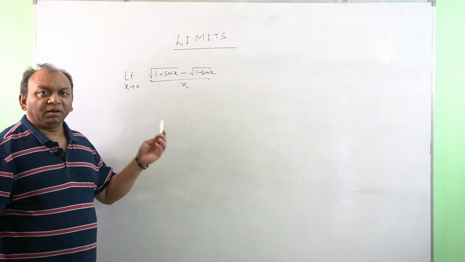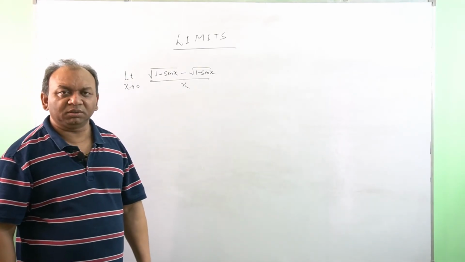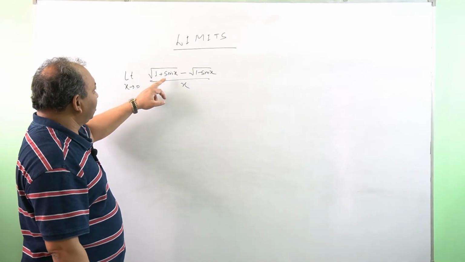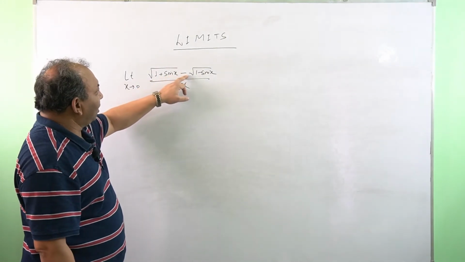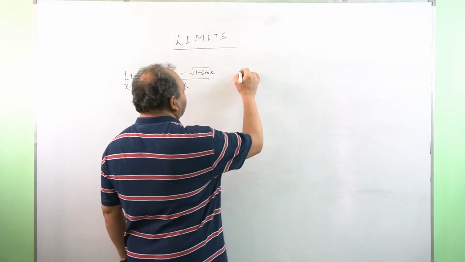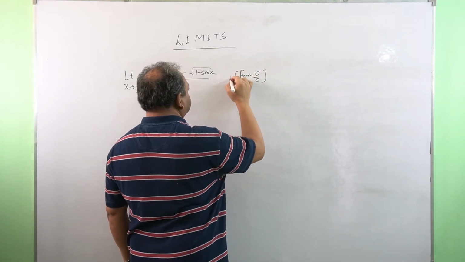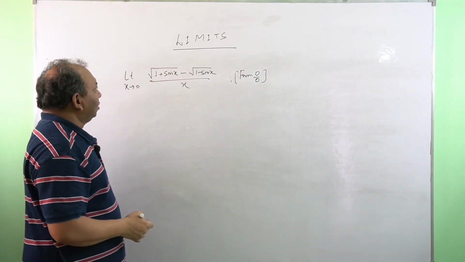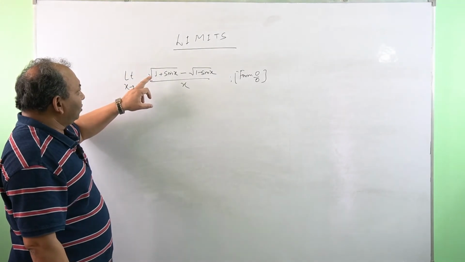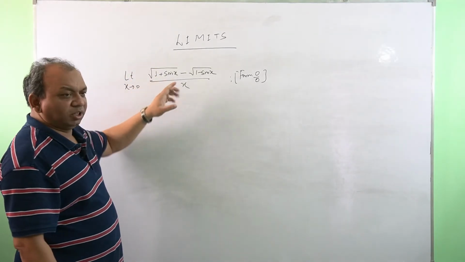The question is limit x tends to 0 of (√(1 + sin x) − √(1 − sin x)) divided by x. If we put x equal to 0, then sin 0 is 0, so 1 minus 1 divided by 0, that is 0 by 0. So the indeterminate form is 0 by 0. In such type of question, first of all, we should rationalize the numerator.